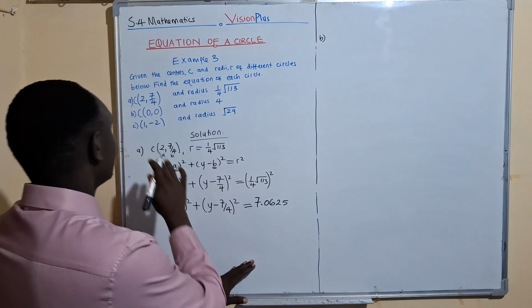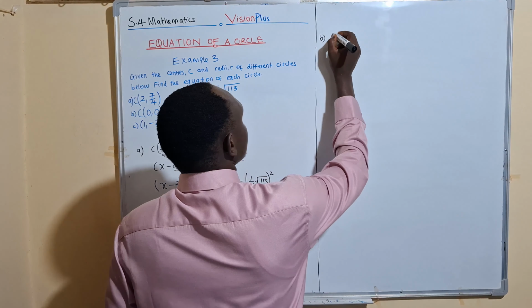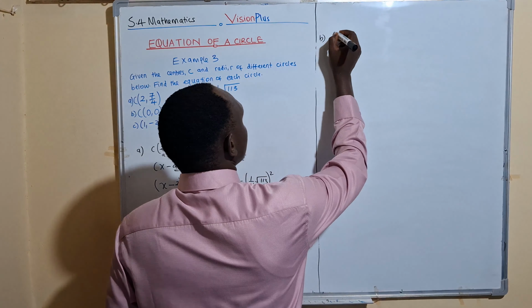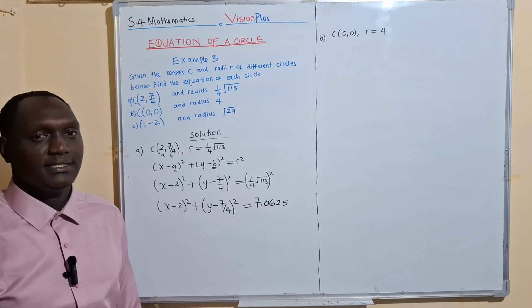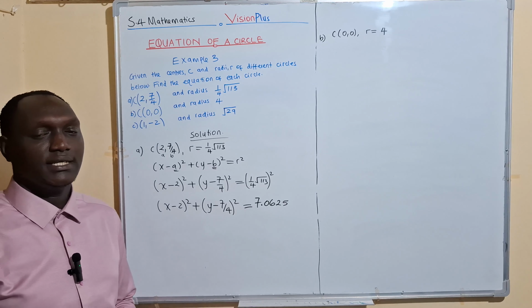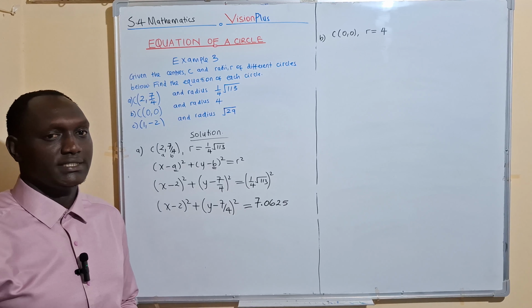Part B says that the center is (0, 0) and the radius is 4 units. What does it mean if the center is (0, 0)? If the center is (0, 0), that means that the circle is about the origin.